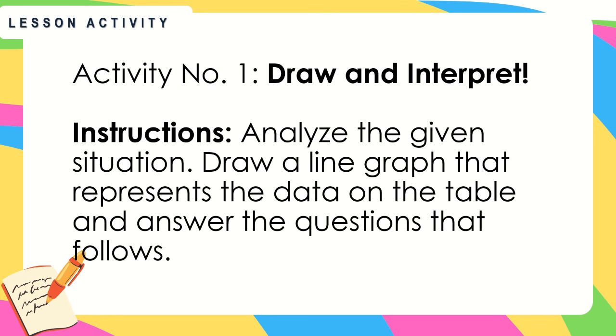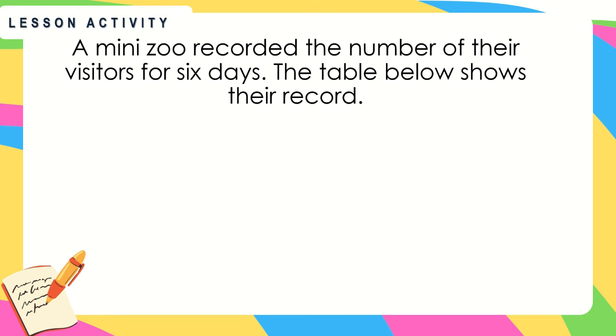Activity number 1. Draw and interpret. Instructions: analyze the given situation. Draw a line graph that represents the data on the table and answer the questions that follow. A mini zoo recorded the number of their visitors for 6 days.